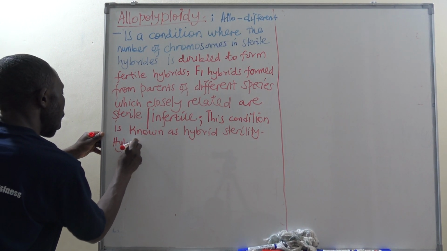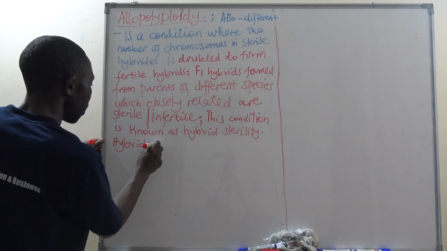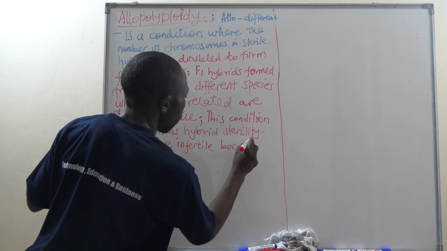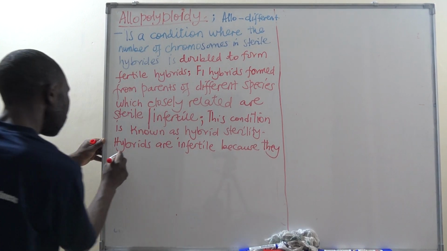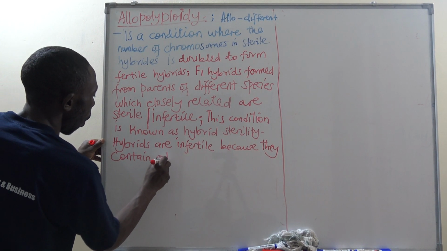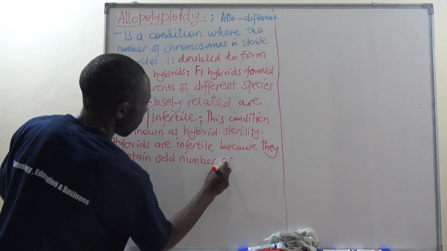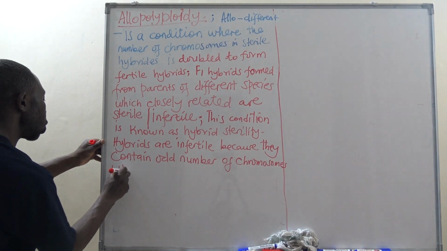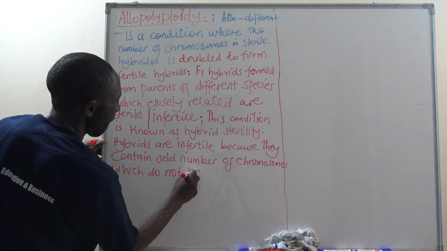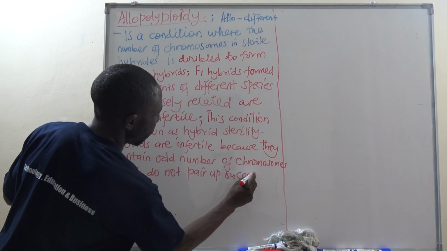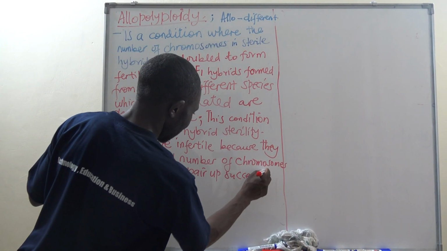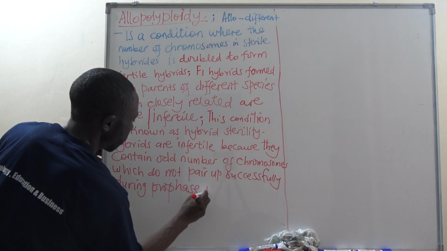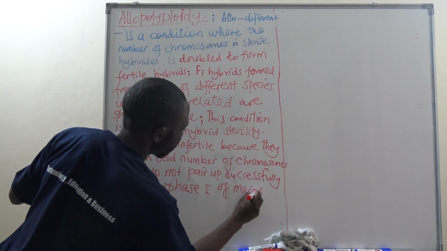Now, hybrids are infertile because they contain an odd number of chromosomes, which do not pair up successfully during prophase 1 of meiosis.